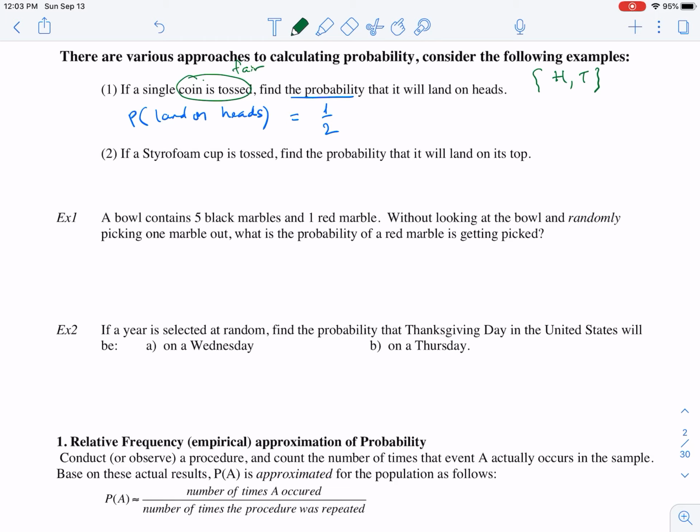This is what most of us assume here, but if we were to toss a styrofoam cup or a coffee cup here, what would be the probability that it will land on its top? Okay, so let's look at the sample space here.